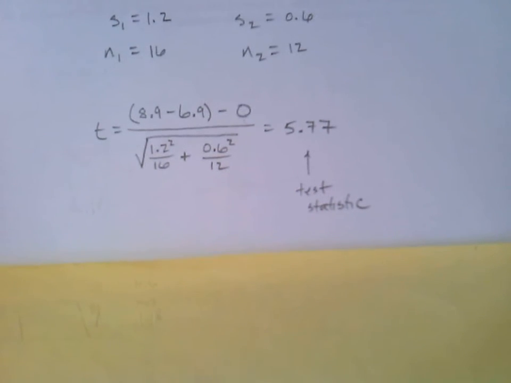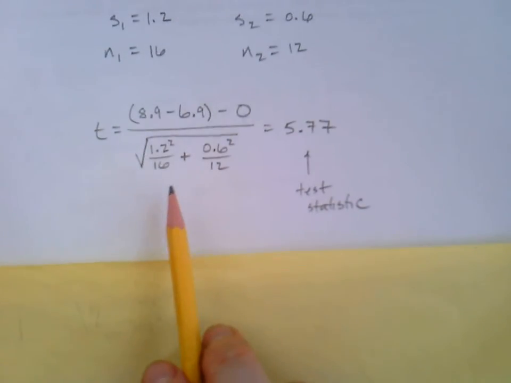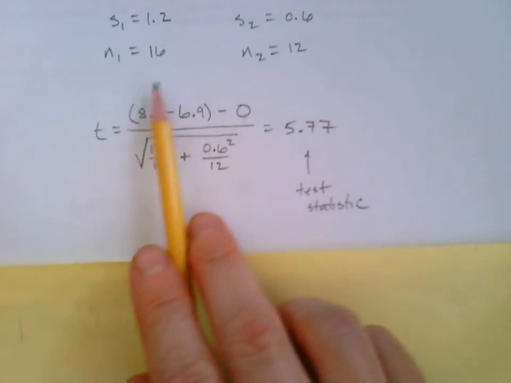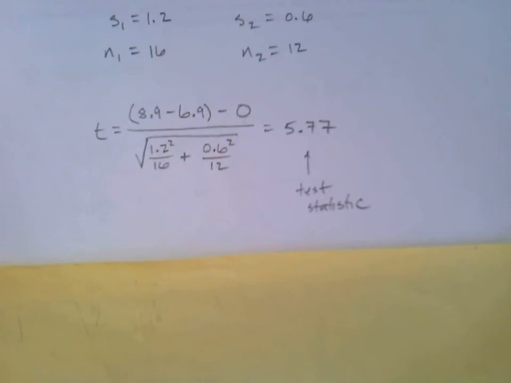So we don't want to subtract the error. We actually want to add the error because we're more uncertain, if that makes sense. Anyway, this is our formula. Be really careful plugging all that in. You should get this result. I rounded that to 2 decimal places, 5.77. That is our test statistic.